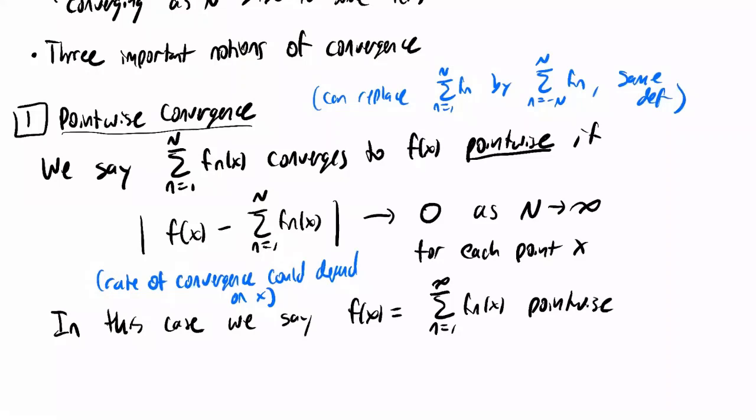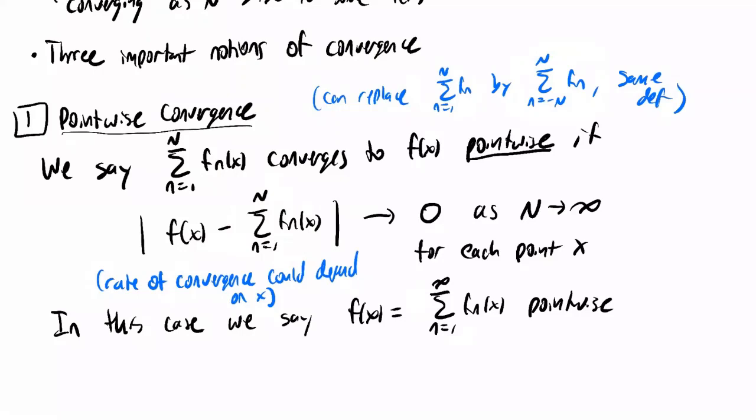So sort of following the book, I'm just going to write the sum from n equals 1 to capital N or n equals 1 to infinity. All the definitions carry over to sums like this, which show up when we're working with Fourier series. It just maybe simplifies the notation a little bit to use these kinds of sums, right? But again, all the definitions will transfer over to this.